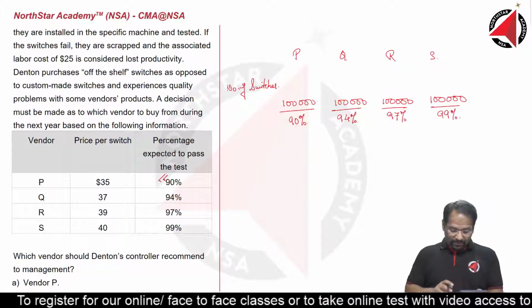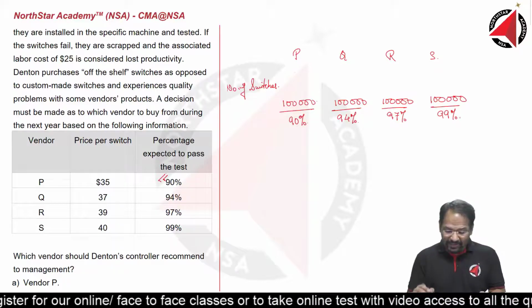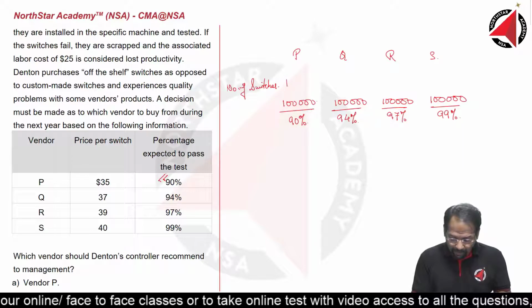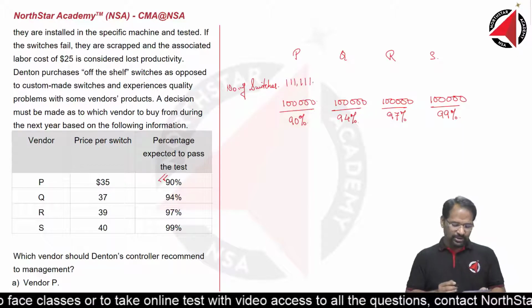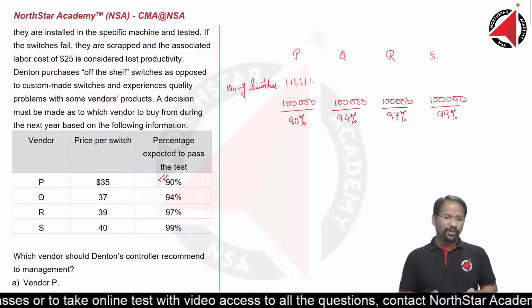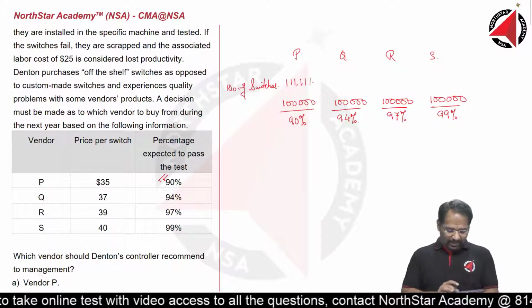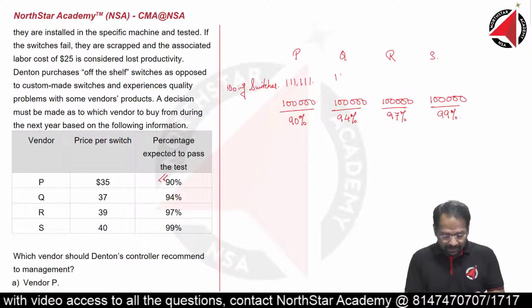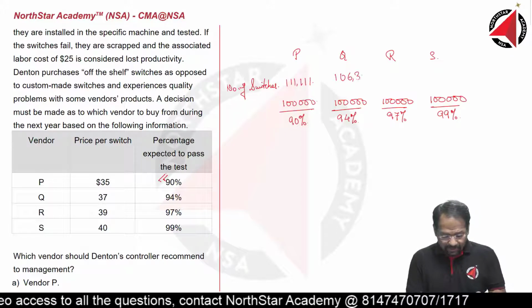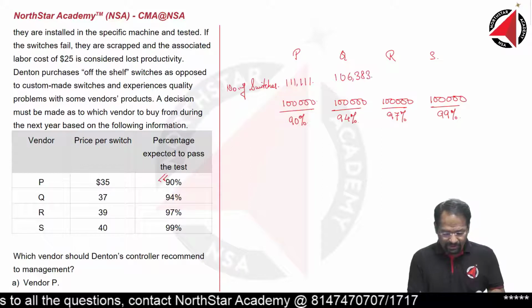Alright, so how much does it come to? 100,000 divided by 90%, we need to buy 111,111 switches. We are just rounding it off. Similarly, the next one, 100,000 divided by 94%, we need to buy 106,383 switches.